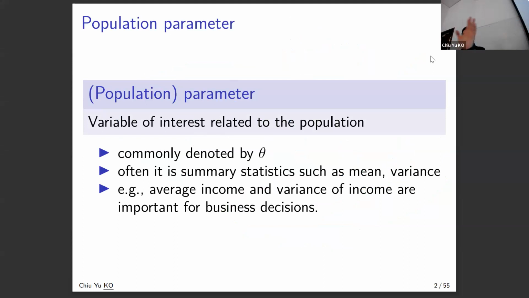Of course, you may also care about the range, IQR, kurtosis, skewness. They're all parameters. But in our elementary class, we focus on mu and sigma square, and mostly mu. And usually in the notation, we will use theta, the capital theta, to summarize them, okay?